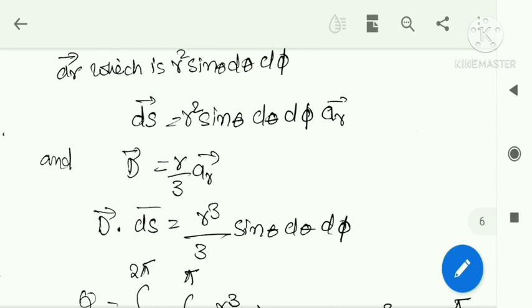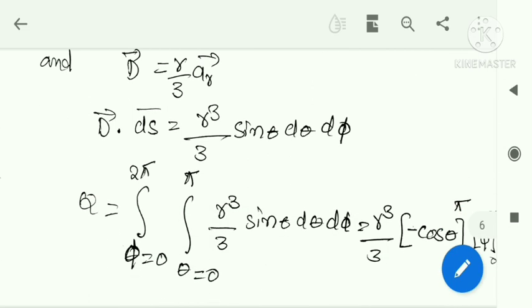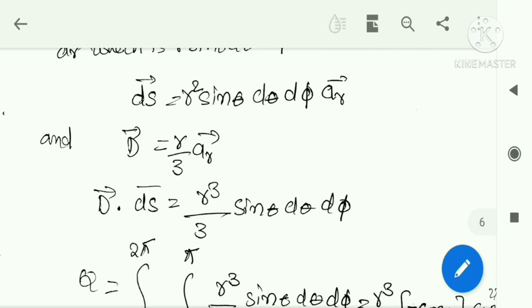D dot dS is equal to r cubed by 3 sin theta d theta d phi. a_r dot a_r, the dot product of the same component, is equal to 1.